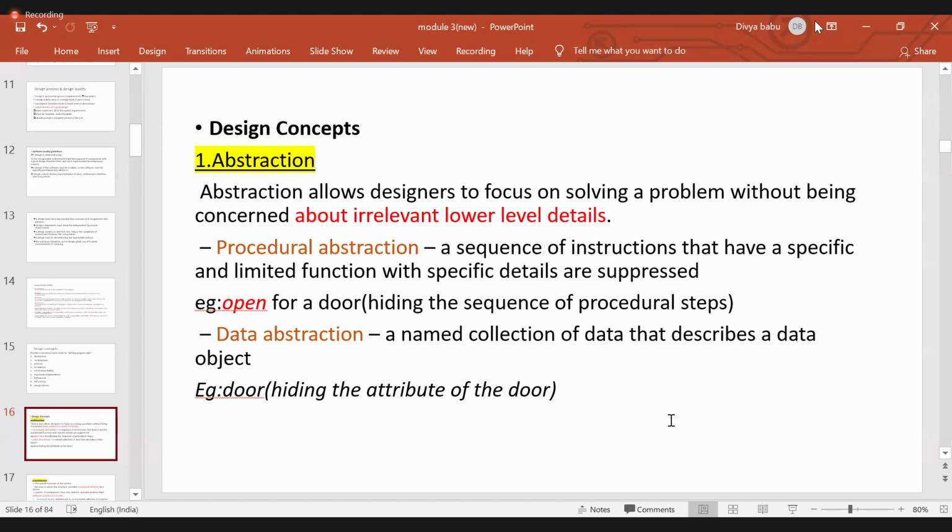So design concepts. One of the important design concepts is abstraction. Abstraction means, you already know the term from C++ or Java. In object-oriented programming, one of the main concepts we use is abstraction. It means you are hiding something, the irrelevant lower level details.